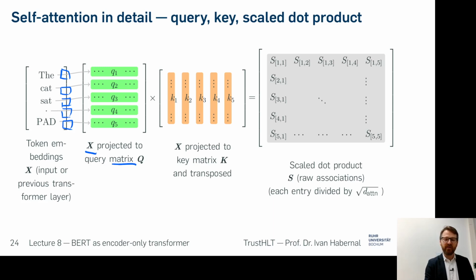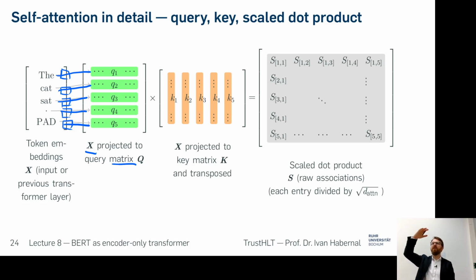This is the query matrix, and the dimensionality could be different from these embeddings. But what is important is that each row corresponds to one input token. So this is important, right? Because we are still working on the token. Each token has its embeddings, and we can project them into some other space, but the number will be the same. So now we have a 5 times something query matrix Q.